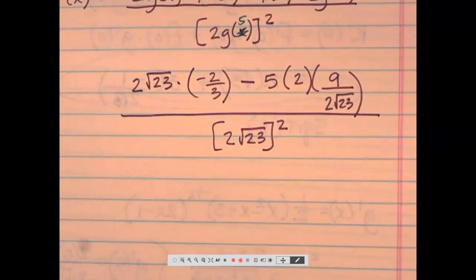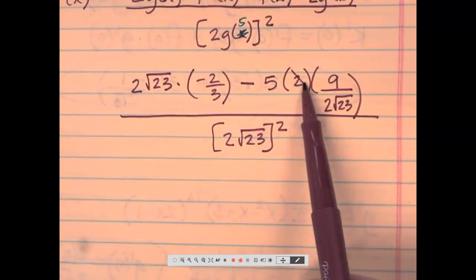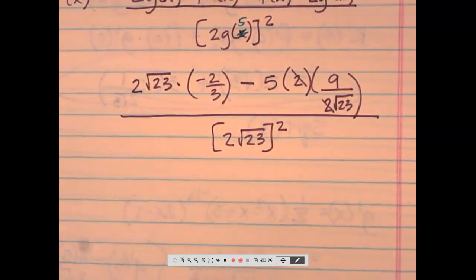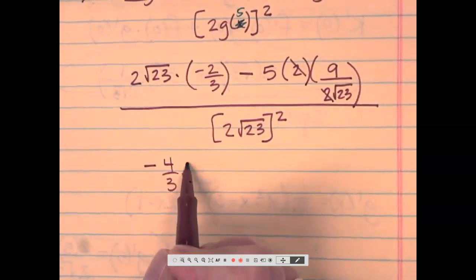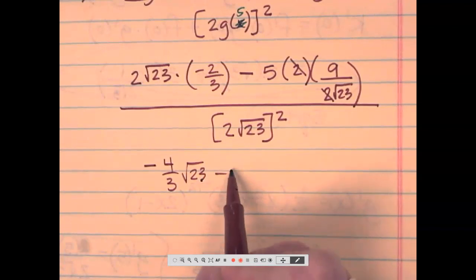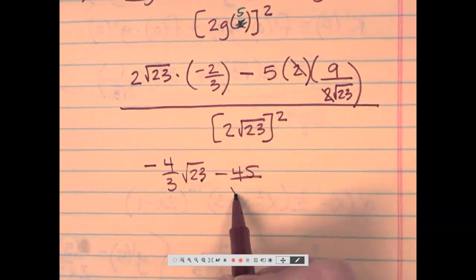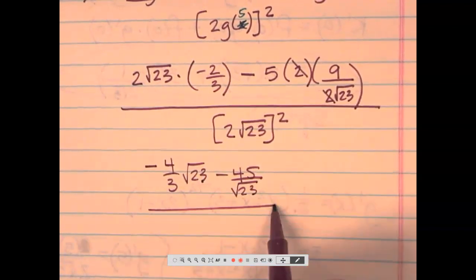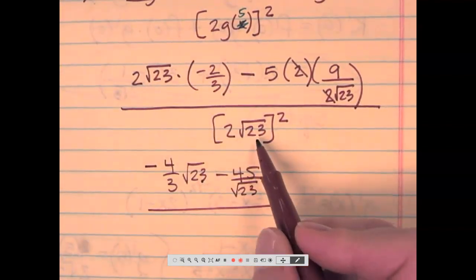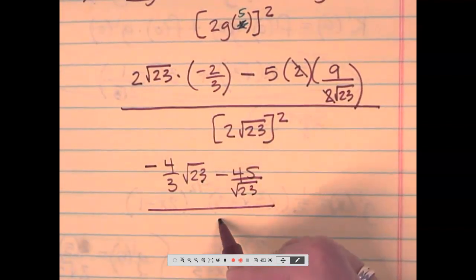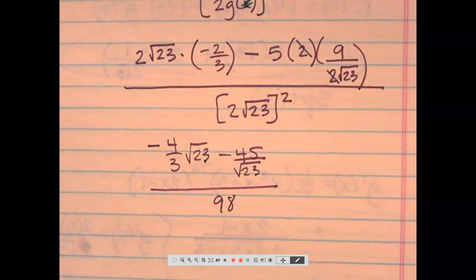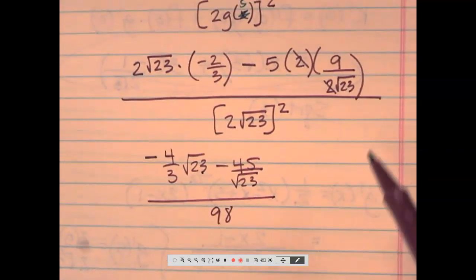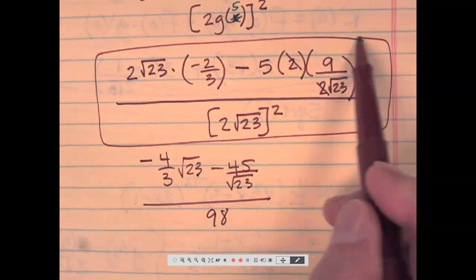The only thing I might simplify is those 2's do cancel. And I could make this negative 4/3 square root 23 minus 45 over square root 23 over 4 times 23, which is 92. I would not go any further than that. You can stop there.